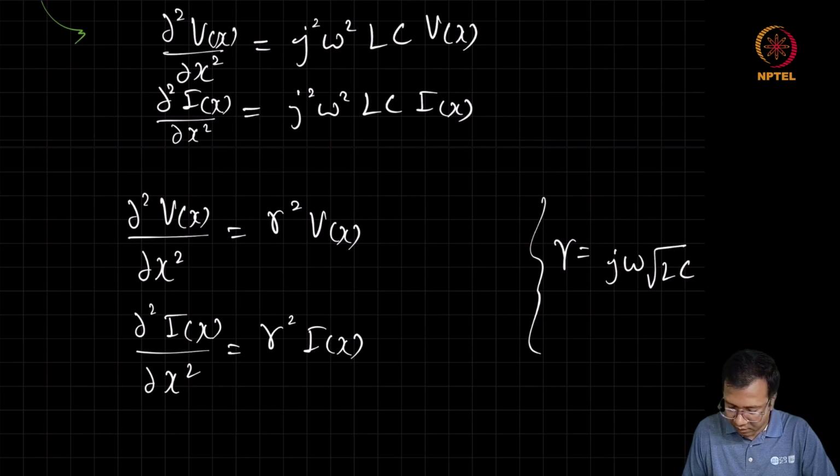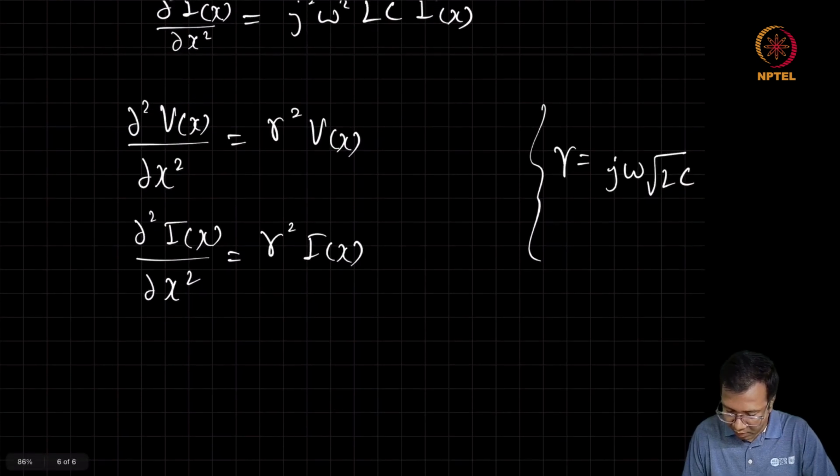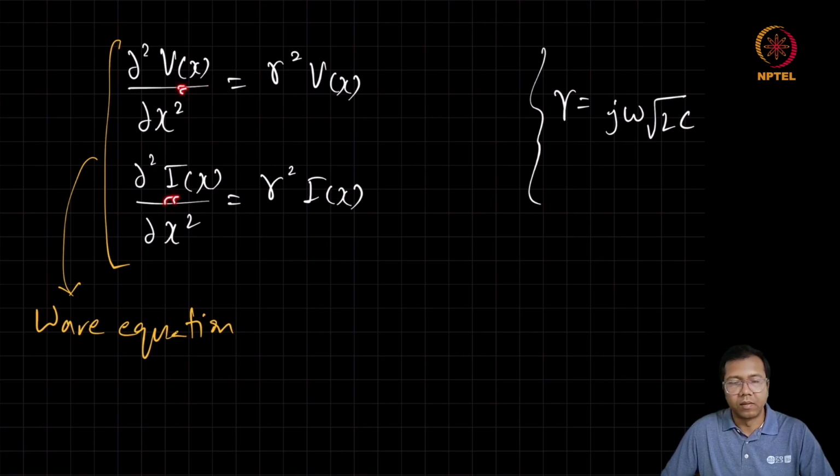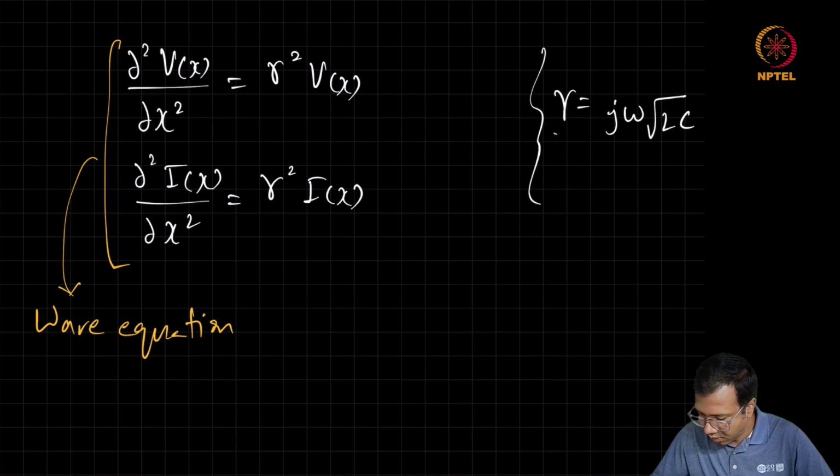These pair of equations are also called the wave equation. The reason will become evident as we see that the solution for V and I will actually be a superposition of traveling waves. And this constant gamma is also called the propagation constant.